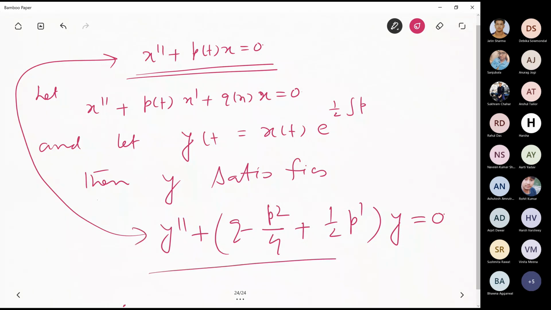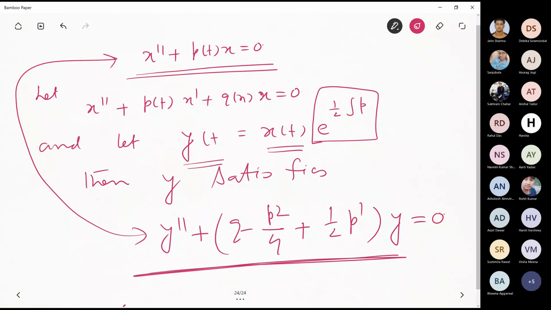If I can understand this equation, then x double prime plus p x prime plus q x equals 0 can be converted, and because the solution is multiplied by an exponential function which is not 0 anywhere, as far as the zeros are concerned, x and y will have the same behavior. Therefore the zeros of x and y are the same. Same means that the number of zeros will be the same, and in fact the zeros themselves are the same.